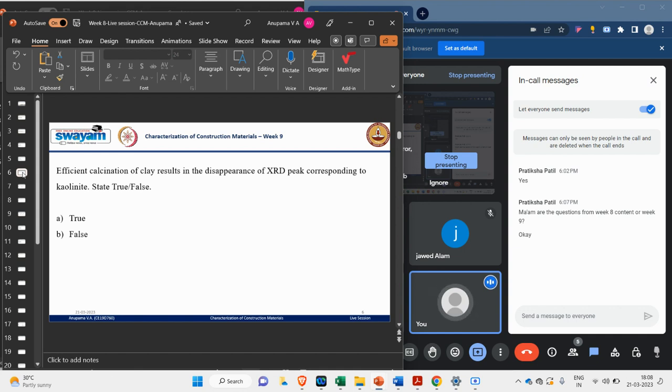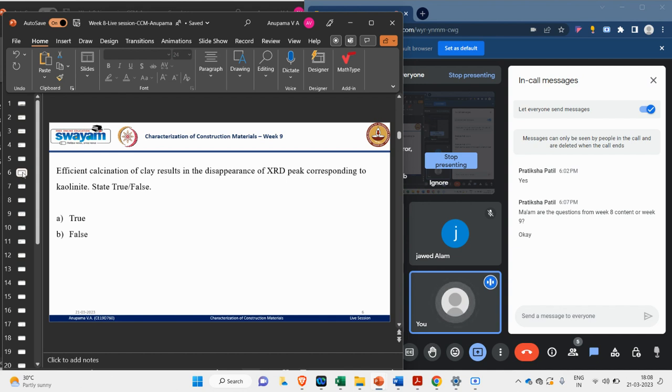Coming to the next question. Efficient calcination of clay results in the disappearance of the XRD peak corresponding to kaolinite. State true or false. The clay we normally use is kaolinite clay. When you calcine that clay, the kaolinite peak tends to disappear from the X-ray diffractogram.